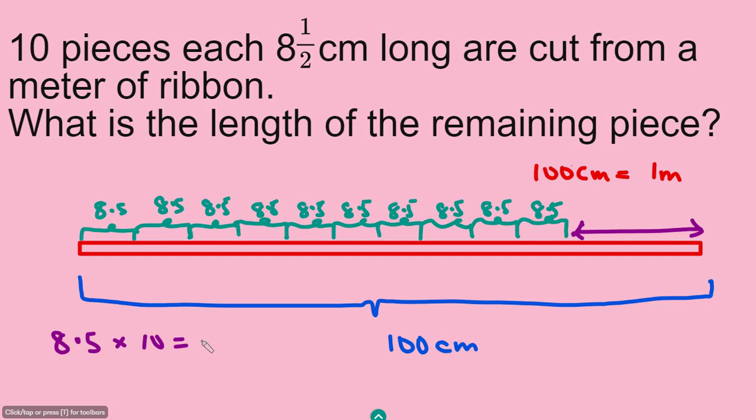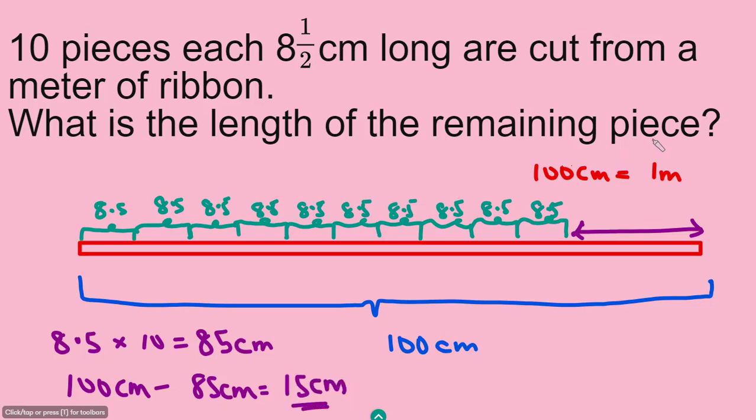That's going to give us 85 centimeters. So the remaining piece definitely has to be 100 centimeters take away 85 centimeters. That's going to give you 15 centimeters. So this represents the piece remaining.